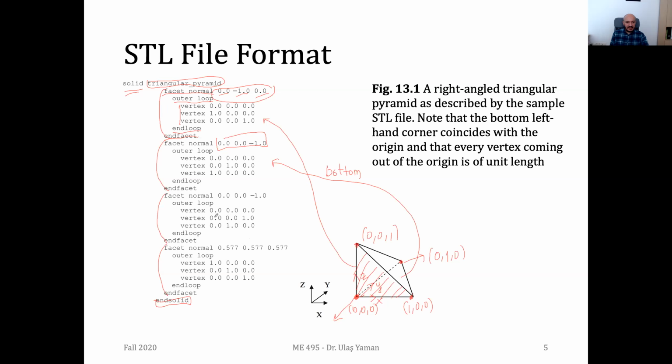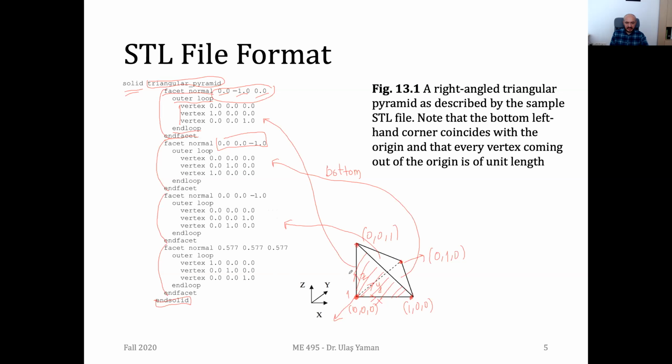And then let's have a look at this one. We start with the origin, 0, 0, 0. Then I have 0, 0, 1, which is here. And then the last point is 0, 1, 0. So it's the side surface, this one here, actually. Right, 0, 0, 0, then 0, 0, 1. This is here.